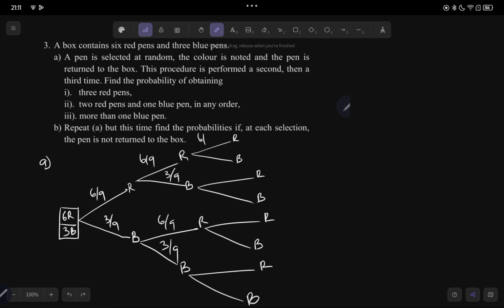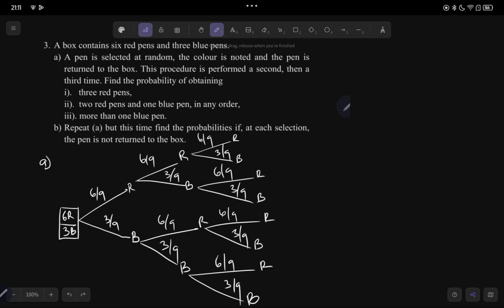Same probabilities: 6 over 9, 3 over 9 on each branch. The key issue here is that we pick a pen from the box, we note the color and return the pen, which means we are not in any way changing or altering the size and the composition of the sample space.